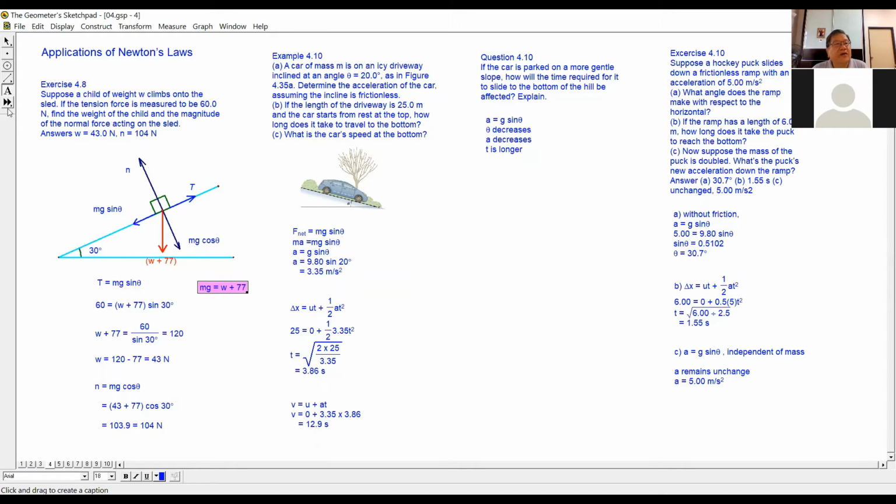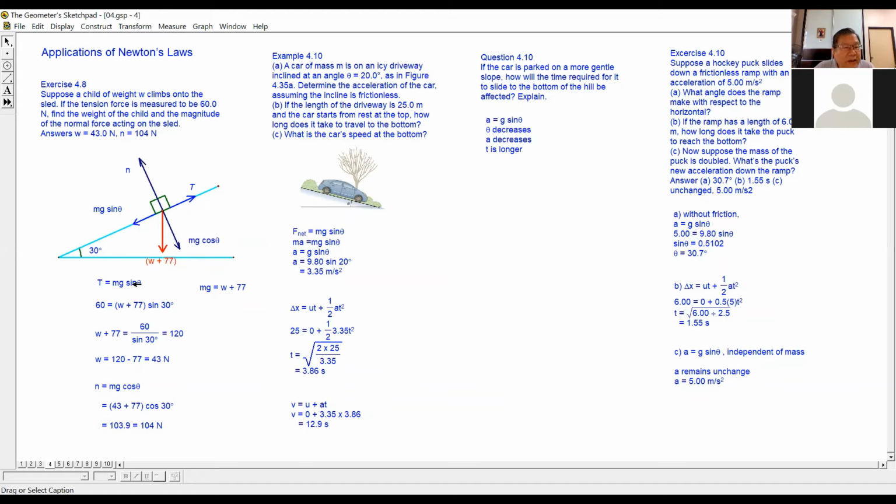So this is what I'm trying to tell you. The combined weight is no longer 77. It is W plus 77. We want to know what is the weight of the child if the tension is 60 newtons.